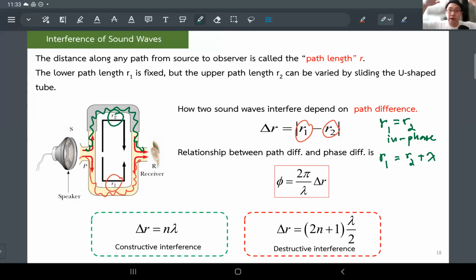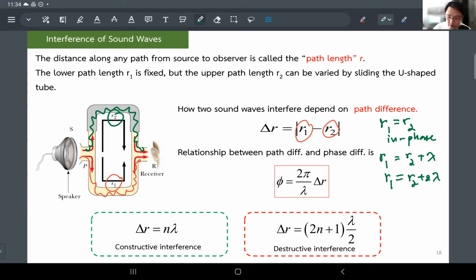I'm going to see the wave go up and down exactly the same. Or the wave from source number one could be already two wavelengths away relative to the other path length. I'm not going to be able to tell anything. It just looks the same to me. You guys with me now?